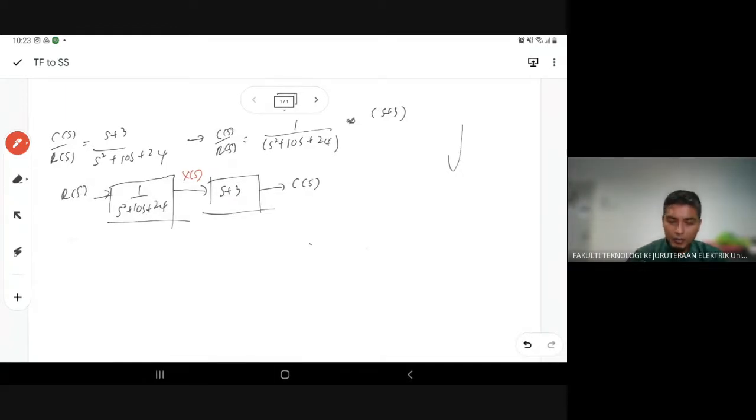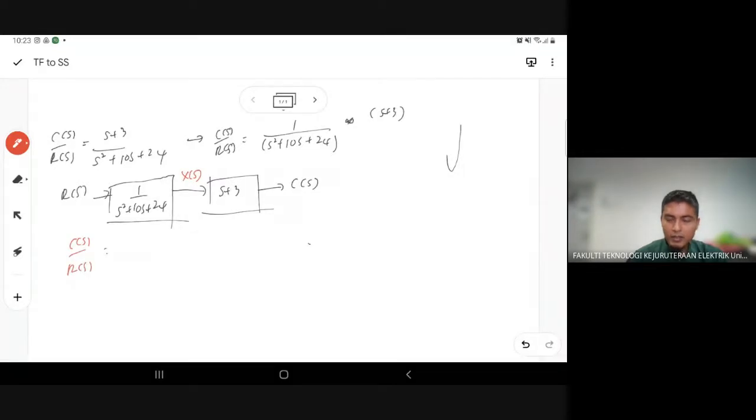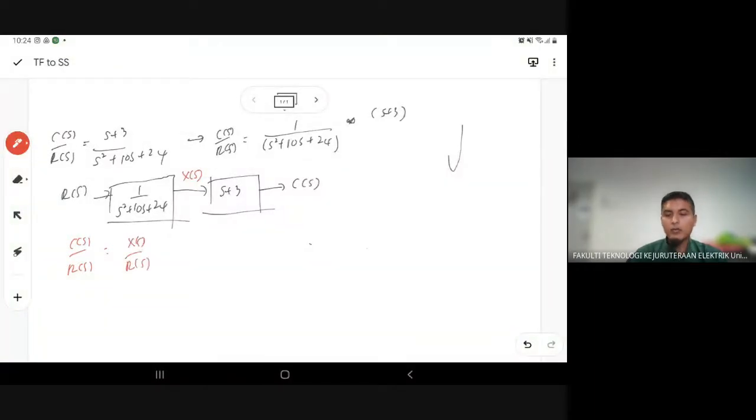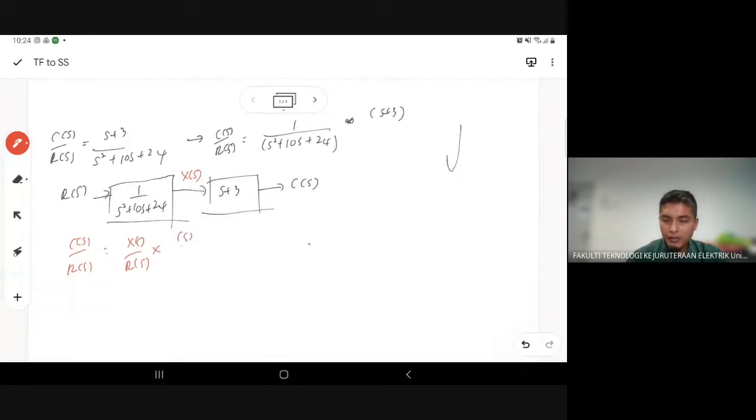So you can conclude that the C(s) over R(s) actually is coming from this one, X(s) over R(s), multiplied with C(s) divided by X(s). Same thing, right? So you can obtain the transfer function.